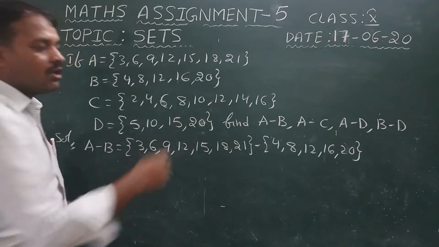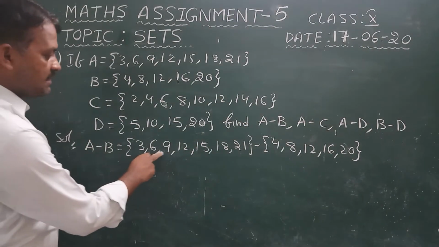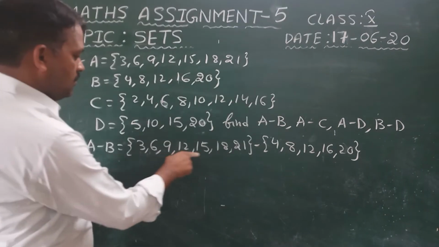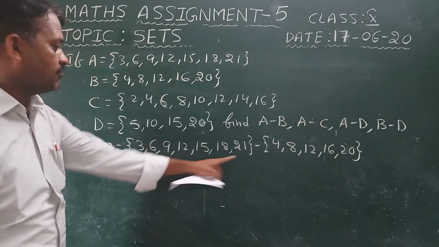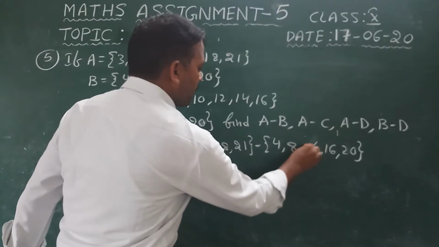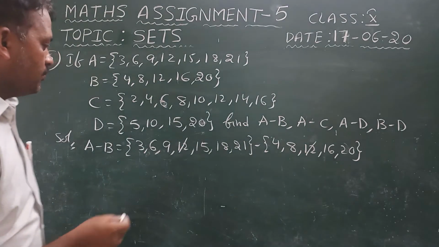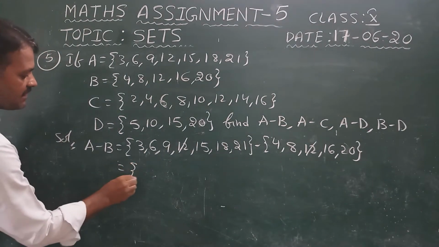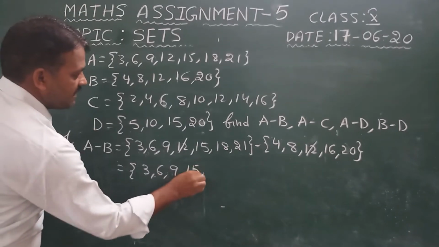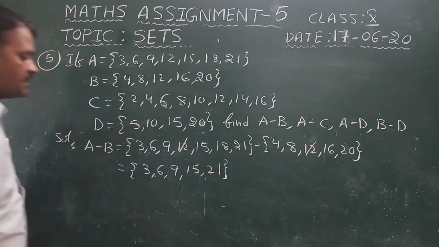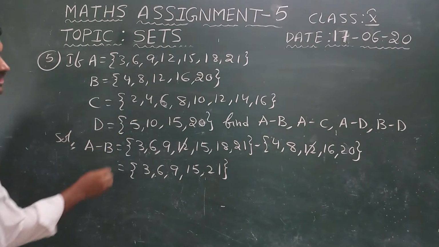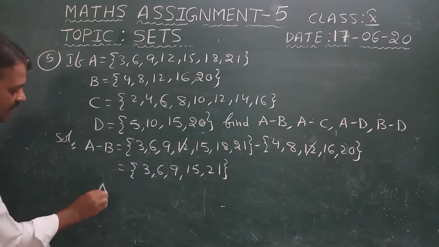Now what are the common elements? 4 is not there, 8 is not there, and 12 is there. So 12 is the common element. Then A minus B means 3, 6, 9, 15, 18, 21. So this is nothing but A minus B.